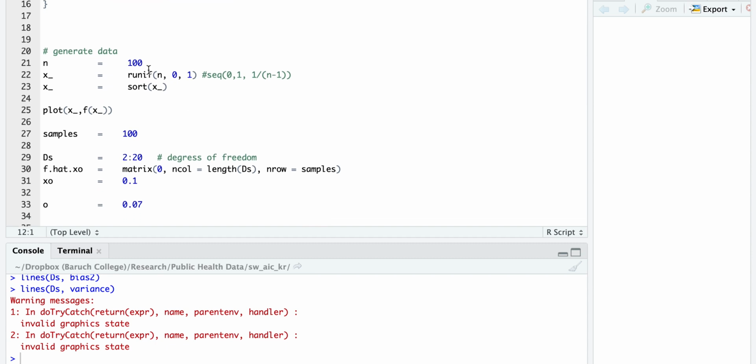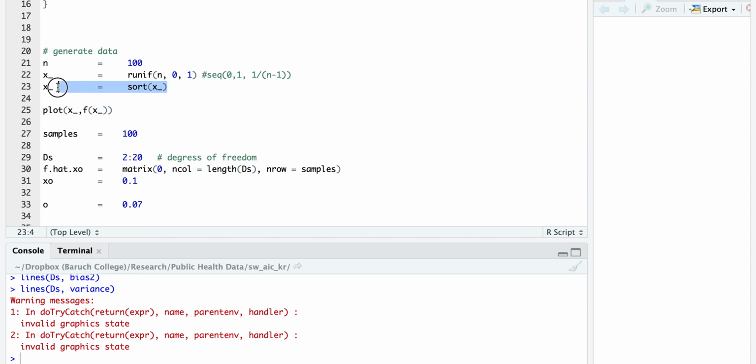Okay, so we generate data. We generate n equal 100 data points, and then we randomly draw x's uniformly between 0 and 1. So a uniform random number generator, n of them, and each of them is a random number between 0 and 1.